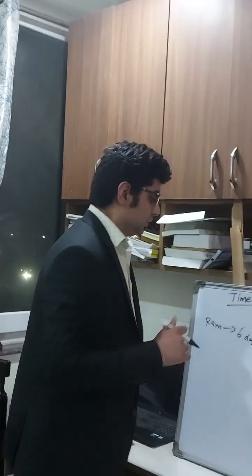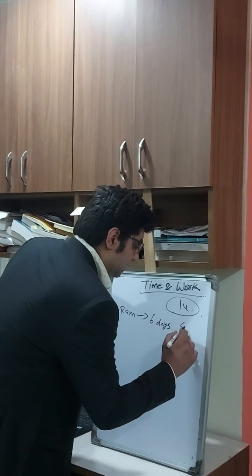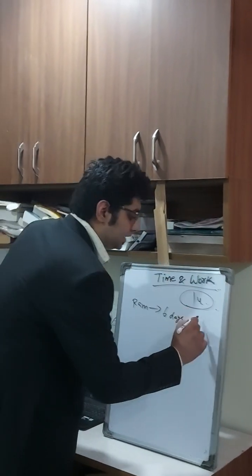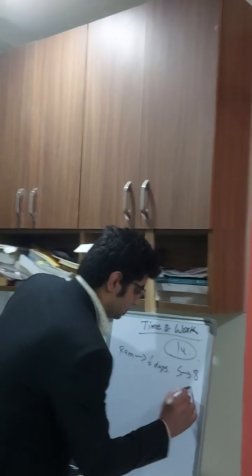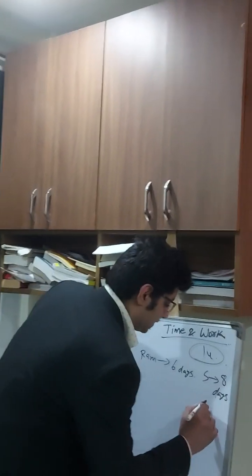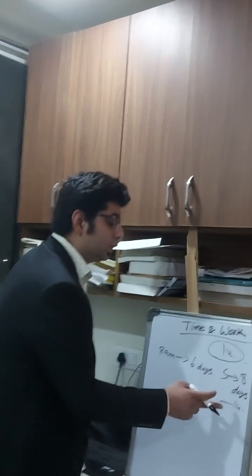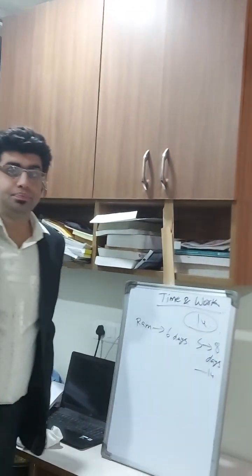The next worker is Sham. Let's denote Sham by S, and Sham does the same work, that is repairing the door, in 8 days. So we are denoting the complete work as 1 unit, right?